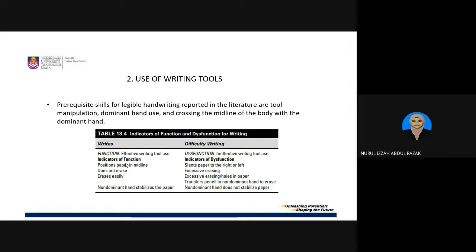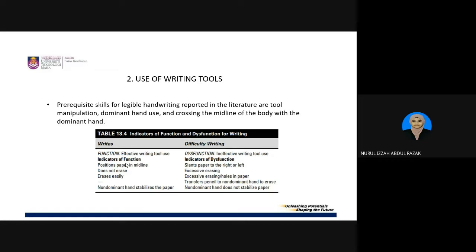Okay, the next part is the use of writing tools. Prerequisite skills for legible handwriting reported in the literature are tool manipulation, dominant hand use, and crossing the midline of the body with the dominant hand. Effective writing tool use includes positioning the paper at midline, the child does not erase or does not erase excessively, and the child uses the non-dominant hand to stabilize the paper.